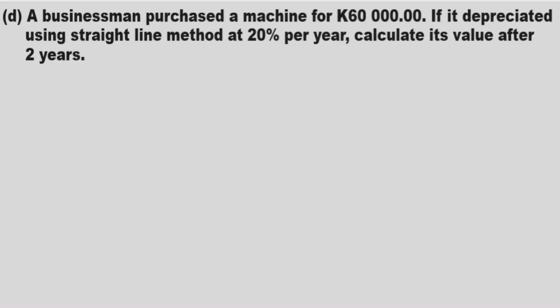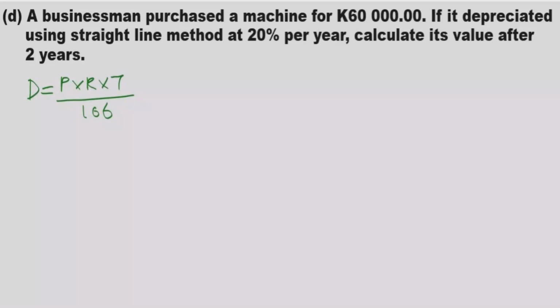So basically what we need to do first is find the depreciation. To find the depreciation per year, we can say depreciation is equal to principal, which is 60,000, multiplied by rate times time over 100.